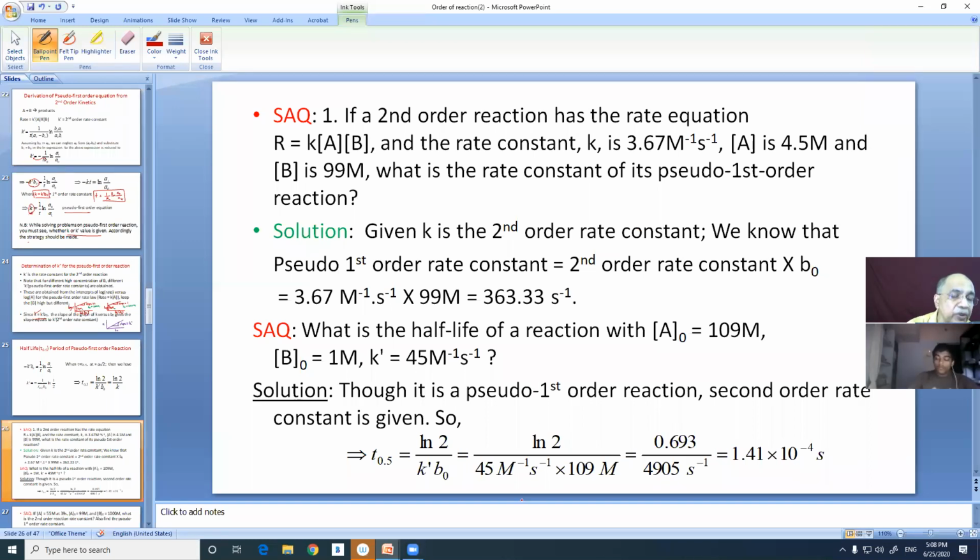Because such a reaction will be faking to be first order. For a particular B concentration, if B concentration is 99 molar, then just you multiply the two. K prime into B0 will be the rate constant for the pseudo first order reaction. Done.